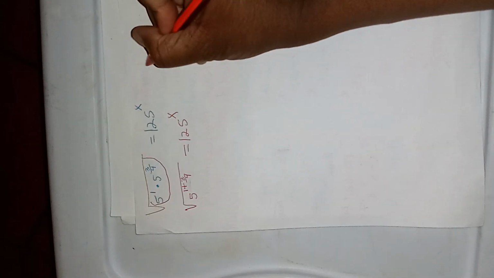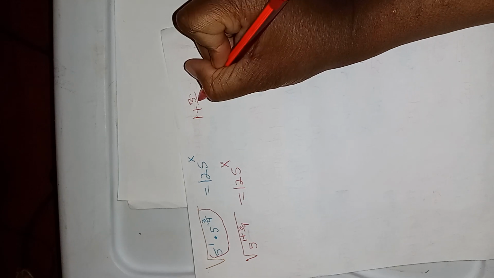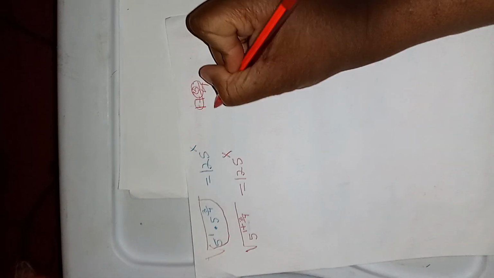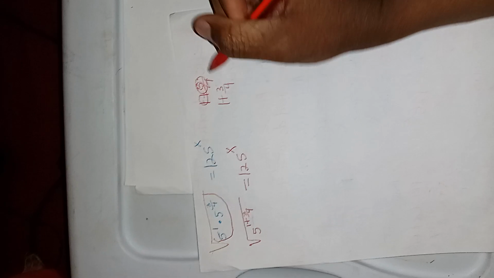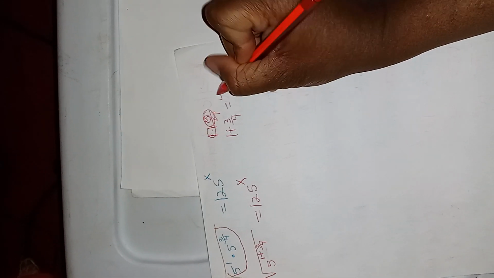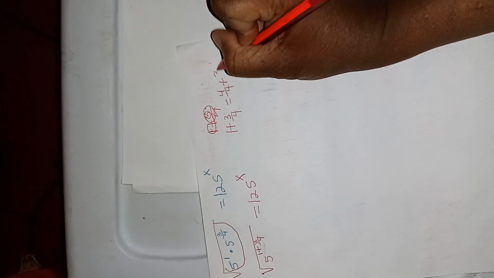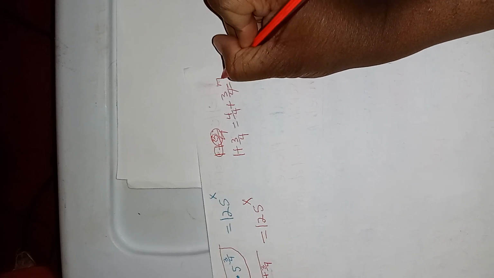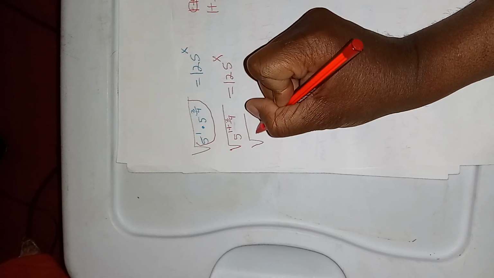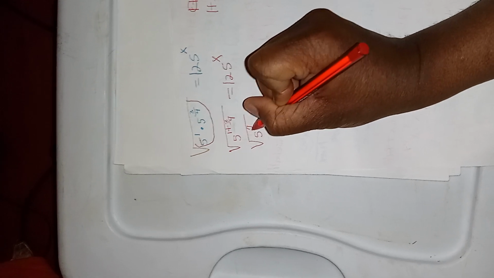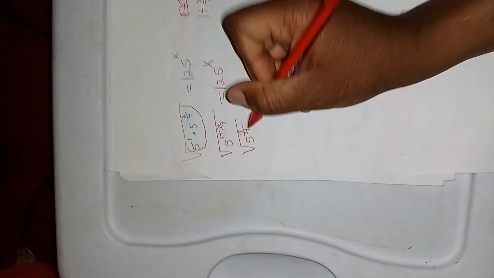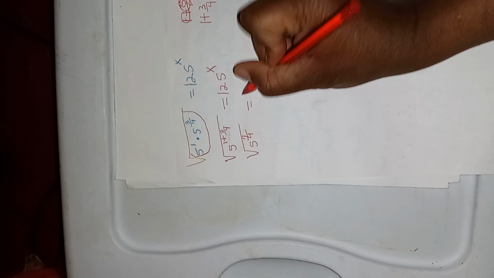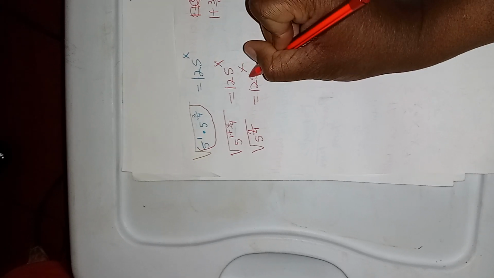And then 1 plus 3/4, let's rewrite this again. 1 plus 3/4 is equivalent to 4/4 plus 3/4, and that is equal to 7/4. So the square root of 5 to the 7/4 is equal to 125 to the power of x.